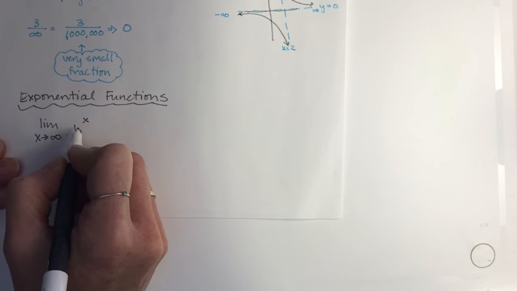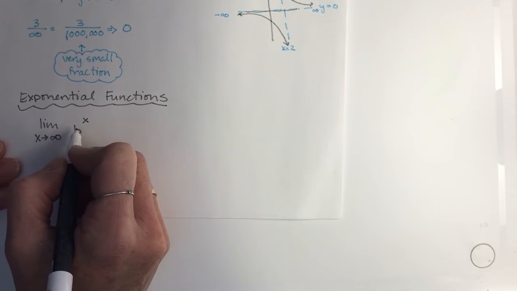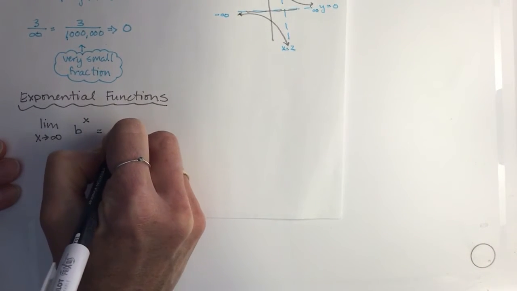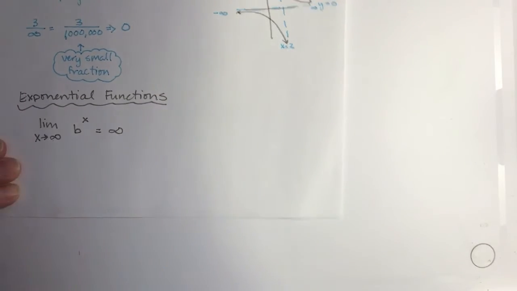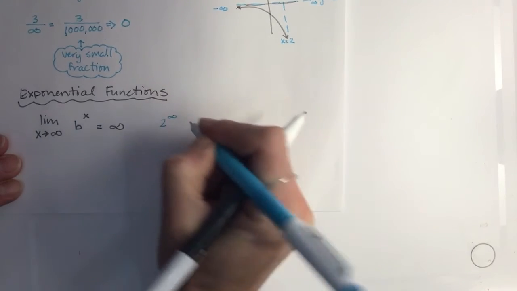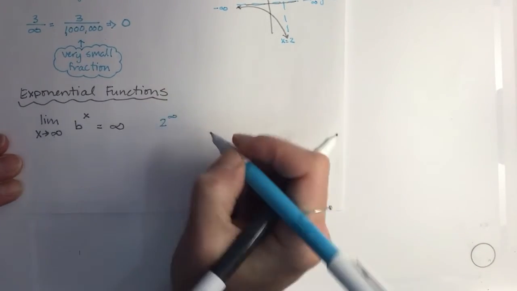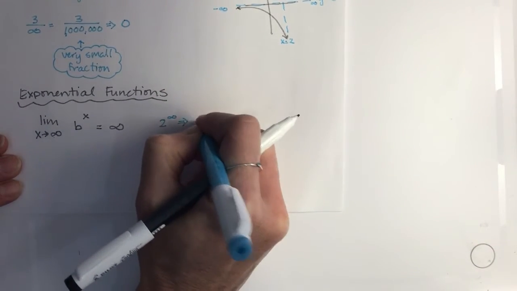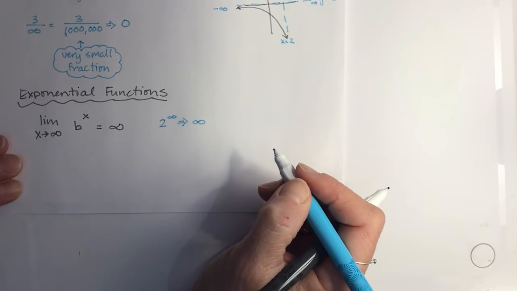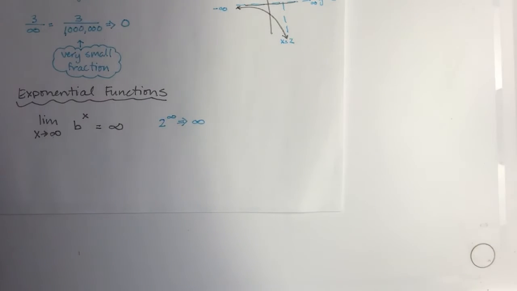Well, that's going to be a really, really, really large number, right? So this is like, for example, let's do 2 to the infinity, right? And that's obviously going to be very, very, very large, right? Because it's exponential.